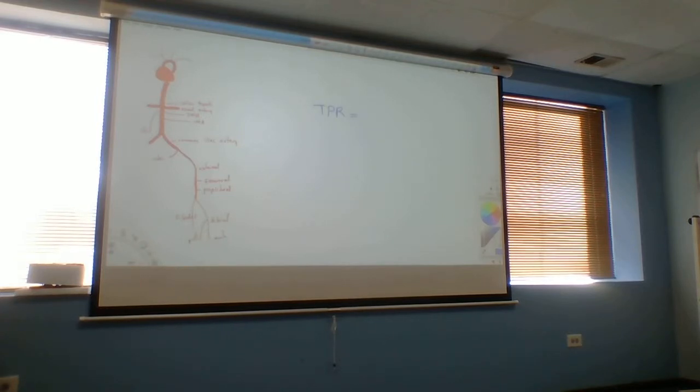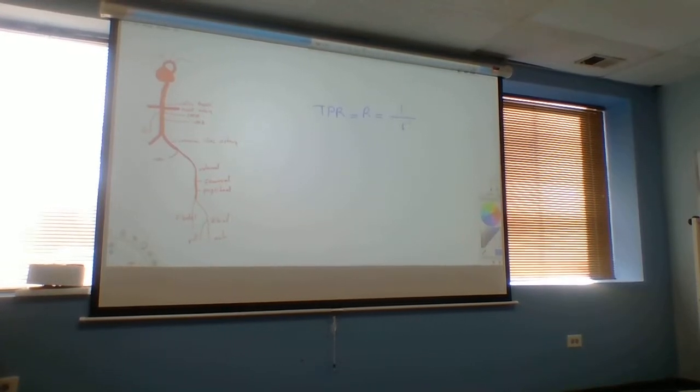How do you determine total peripheral resistance? You can just use capital R and say resistance in a single vessel will be the same thing as TPR. If you want to measure resistance, what is the most important factor that regulates it? 1 over radius to the 4th.